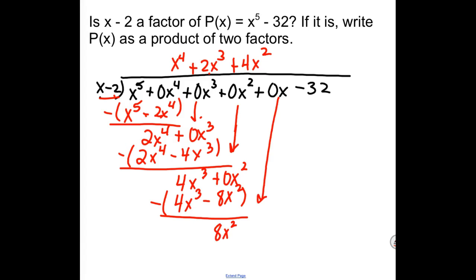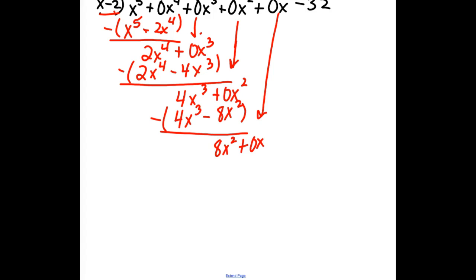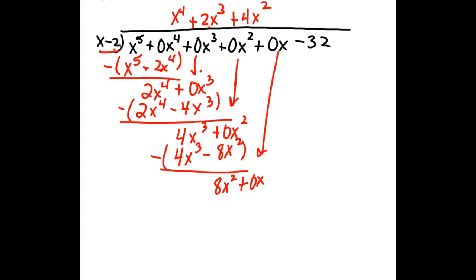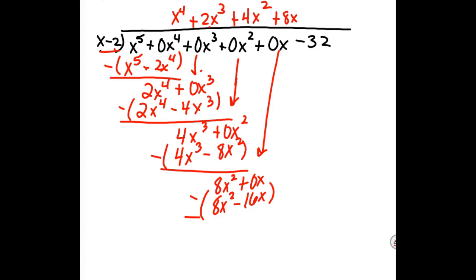Bring down our 0x. And we continue. Take out an x. We have 8x. Multiplying, you should have 8x squared minus 16x, and when we subtract, we end up with 16x.